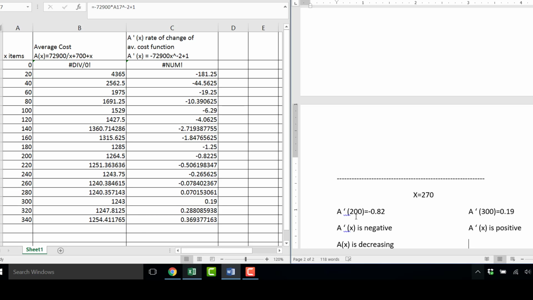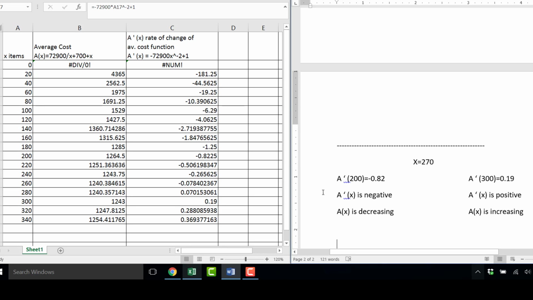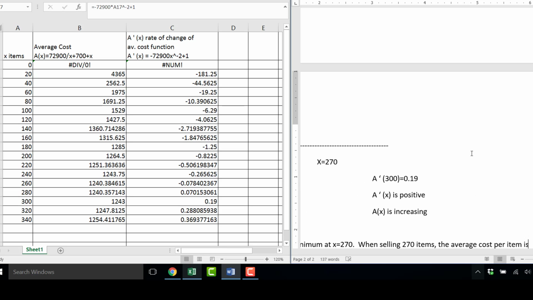And on the right side of x equals 270, A of x is increasing. And so now we can visualize A of x is going down, flattens at 270, and then goes back up again. So we can say that A of x has a local minimum at x equals 270. So when selling 270 items, the average cost per item is smallest.